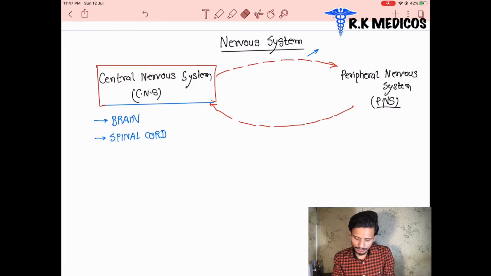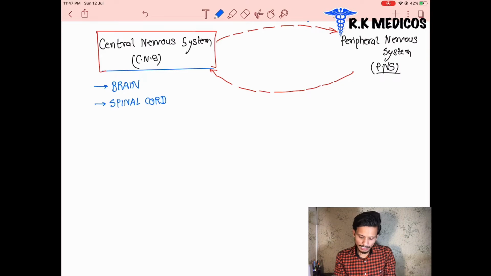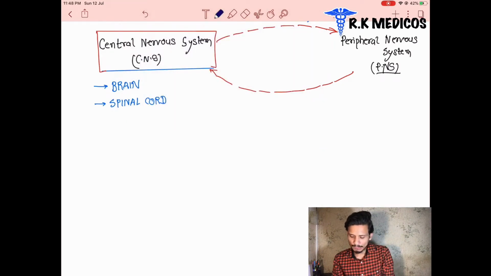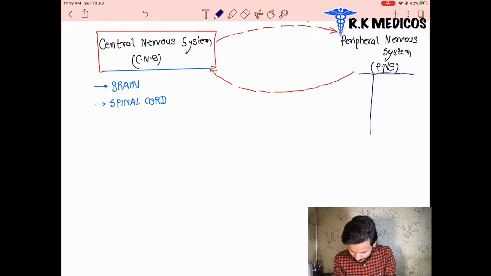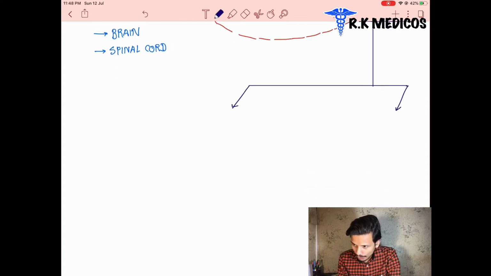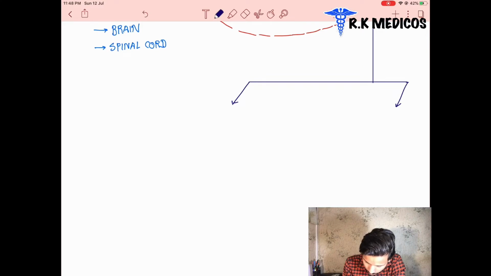We are going to see what the main parts of the peripheral nervous system are. As you know, the central nervous system includes only two parts, brain and spinal cord. What about the peripheral nervous system? The peripheral nervous system is basically divided into two parts. One is called the sensory PNS, also called the afferent division.